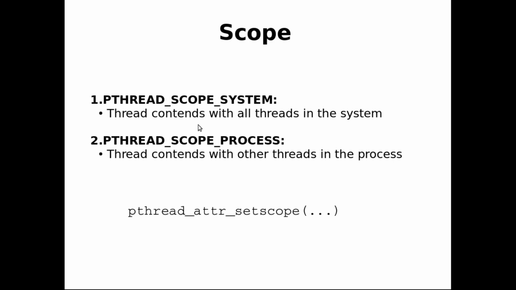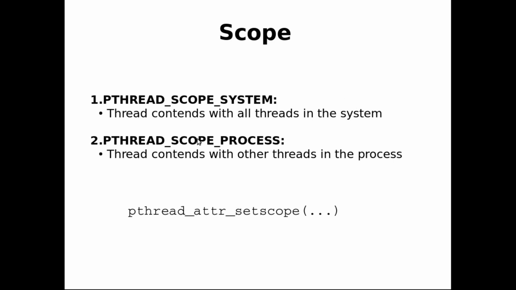And finally we have the scope attribute, which can have two possible values. One is scope system, the other one is scope process. When a newly created thread has this attribute set to scope system, in that case the thread will contend with all other threads in the system. Doesn't matter whether the thread belongs to the same process or to another process. So the thread will compete with all the other threads of other processes also, it will fight for resources like the CPU.